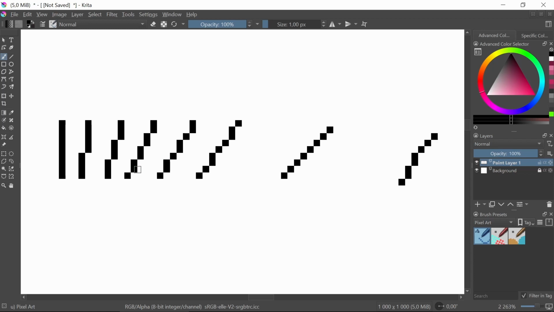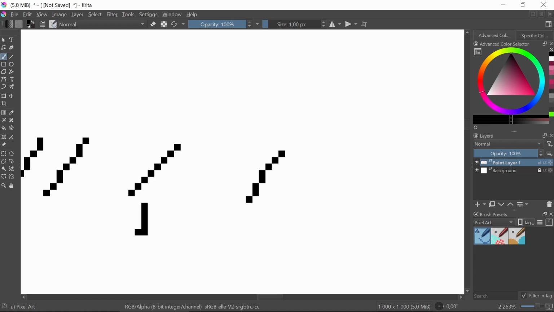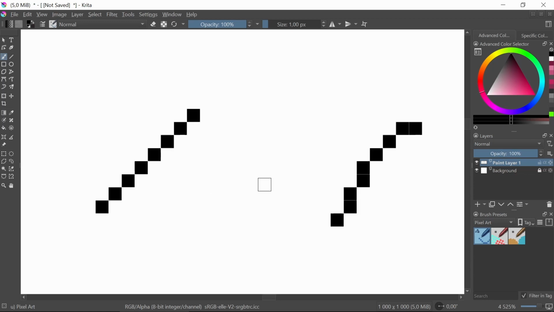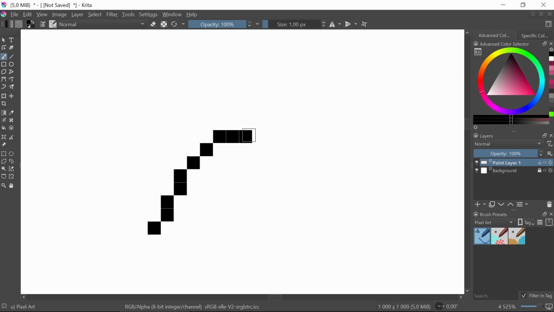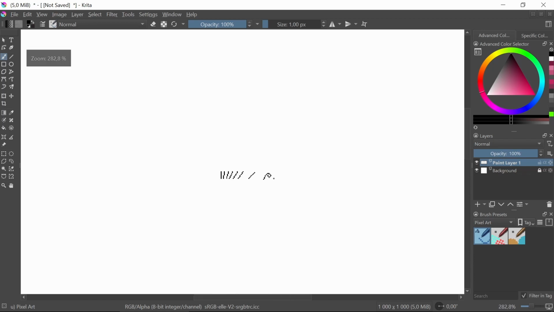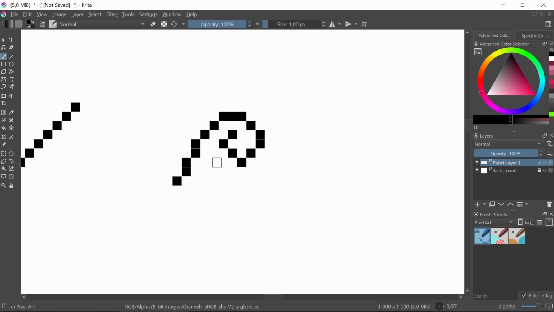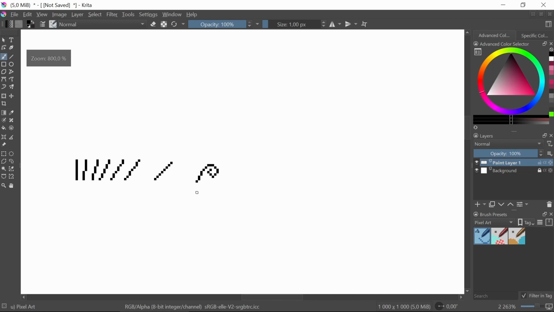We're starting off with this one, now we're moving to this one to create a curve. Now we're going to bend it a little bit more. And we have our spiral. If we zoom out, you will see it's an alright looking spiral. It could be better, but we'll work on it with time.